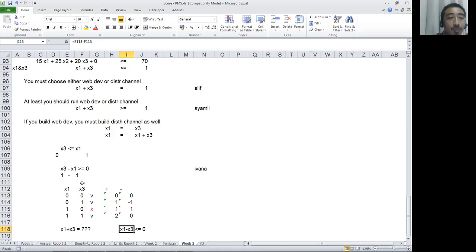And this one is the same as what Ivana said here: x1 minus x3 less than or equal to 0. Or if we put it on the right side, x3 minus x1 more than or equal to 0. So this is the trick. If you have difficulties finding the equation, you can try 0 0, 0 1, 1 0, 1 1.